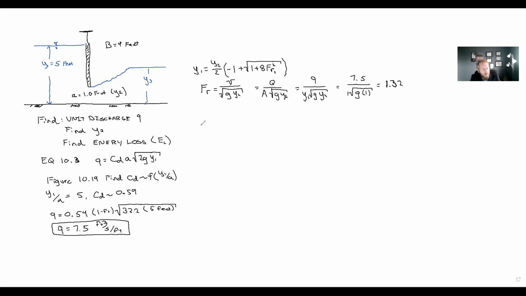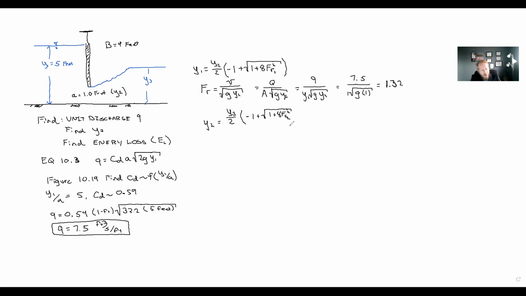So how can we use this to find y3? Well, if we say that y3 equals y2 over 2 times the quantity negative 1 plus the square root of 1 plus 8 times the Froude number squared.